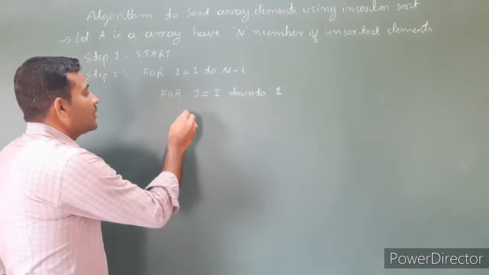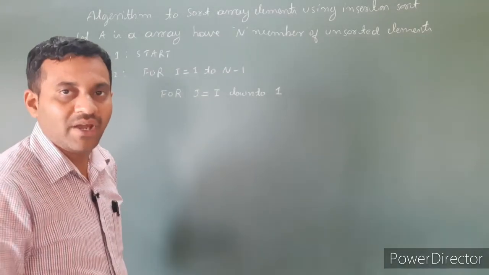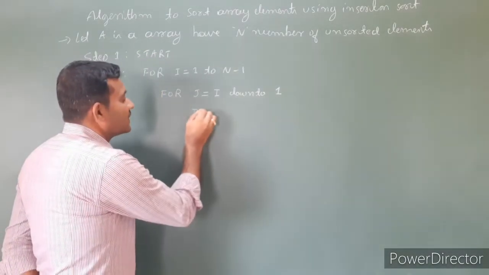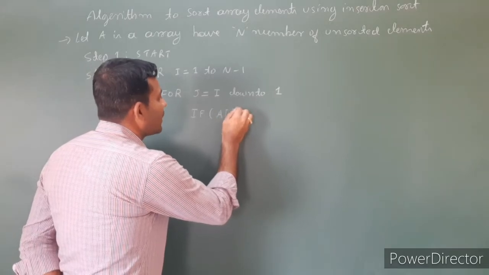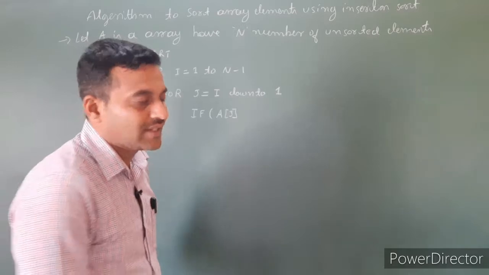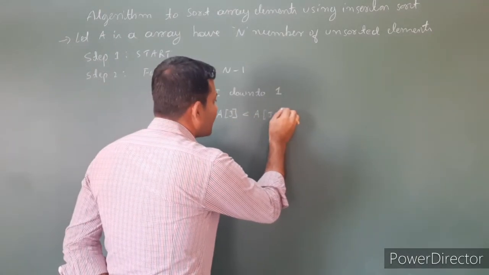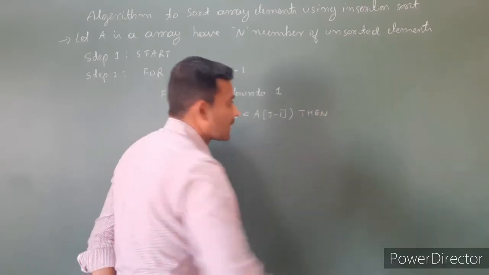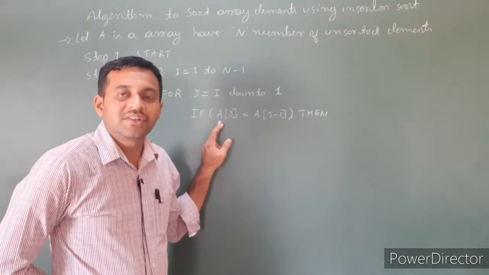Then every time we have to access array elements, then compare the array elements. How to compare? If A of j value is less than A of j minus 1 value, then see here what we done, we have to access the unsorted element.